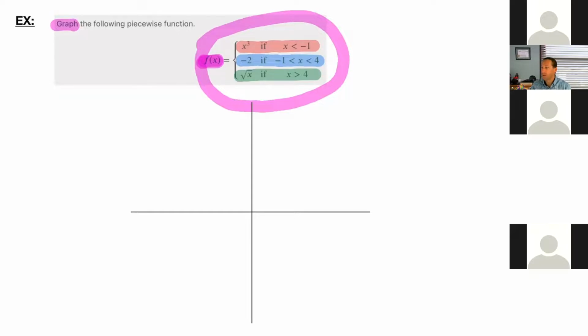The blue one in the middle. I agree, Ezekiel. That's a good one to start with because it's very simple. It tells you that y is going to be equal to -2 everywhere. It doesn't even depend on x and what you're going to get out. Your y is always going to be -2 as long as you are between -1 and 4.